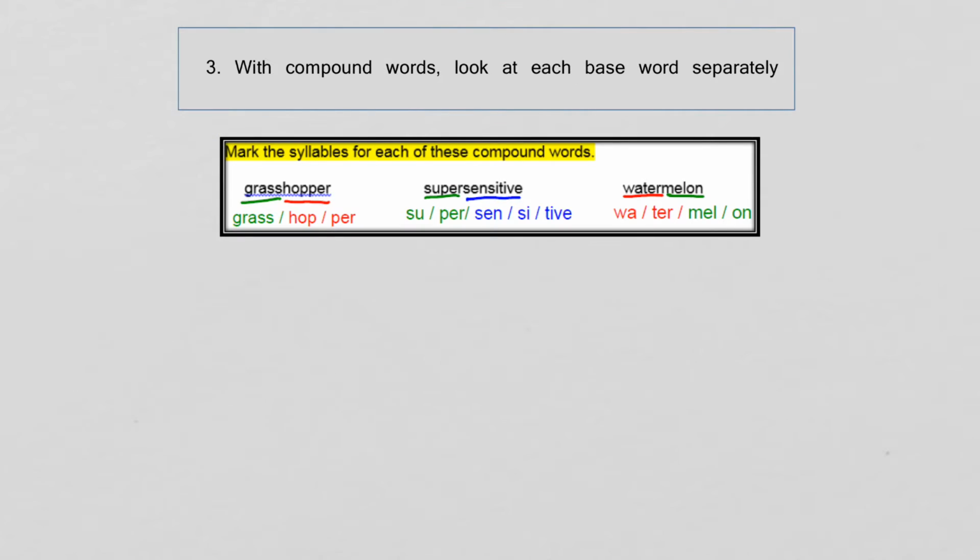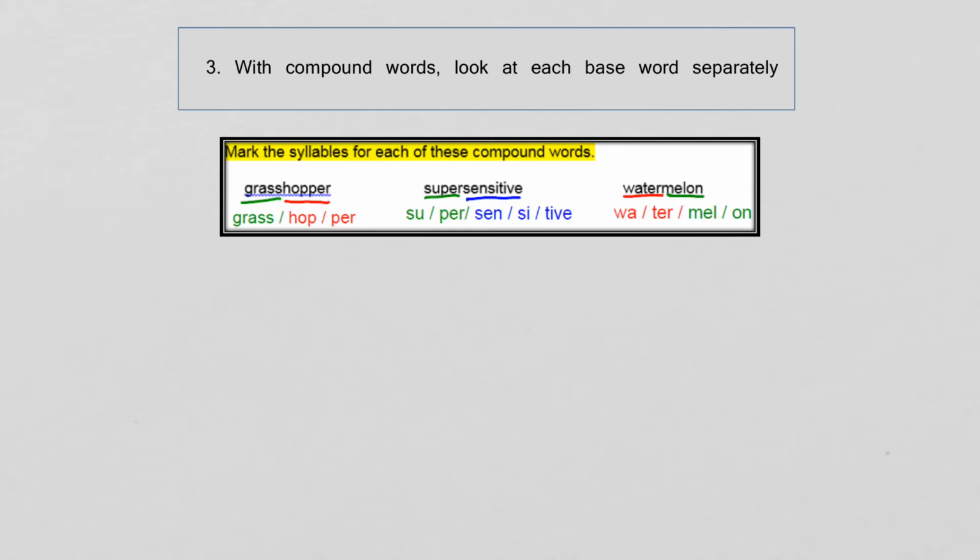Alright, let's look at the last rule. I mentioned earlier that I was going to tell you a little bit more about compound words. Well, here are 3 examples. Another example would be the word classroom. That would have 2 syllables, class-room.